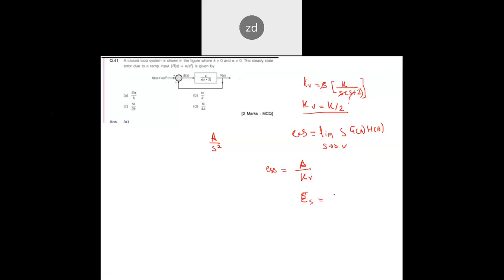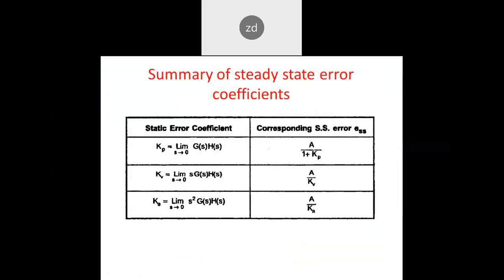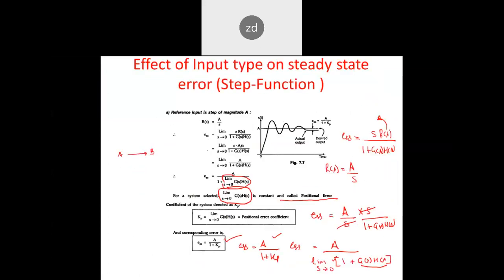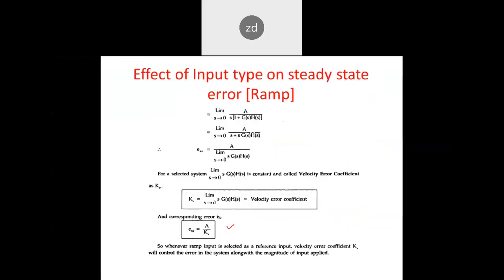E of s is given as r of s into 1 by 1 plus g of s h of s. In the previous slide you can see that it is given here in the beginning. You can see that it is given as r of s by 1 plus g of s h of s. Same thing I'm telling.